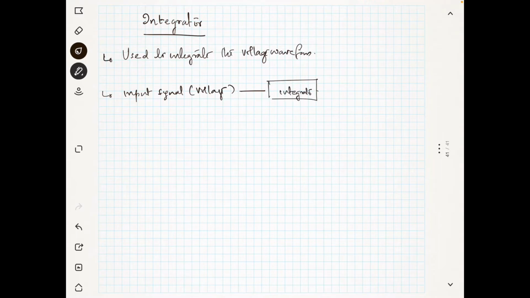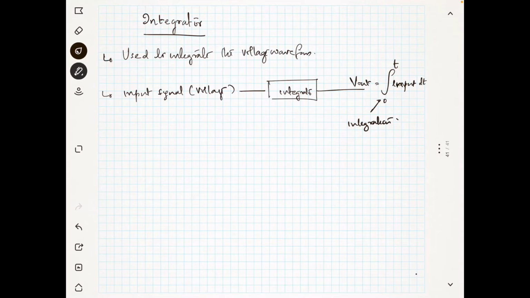It is a special kind of circuit, and you will get some output which is nothing but the integral of the input. You know this sign for the integration, integral 0 to t for the input voltage.